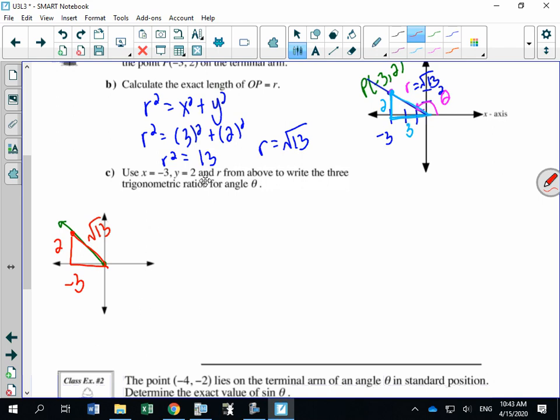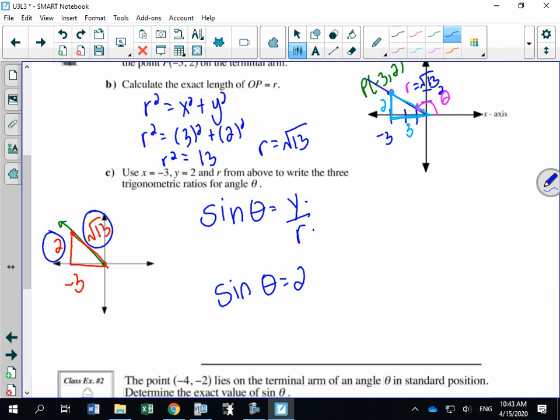Now, they want me to write my 3 primary trig ratios. The sine of theta, and sine is seven yellow rabbits, is equal to y over r, and y over r would be 2 over root 13.